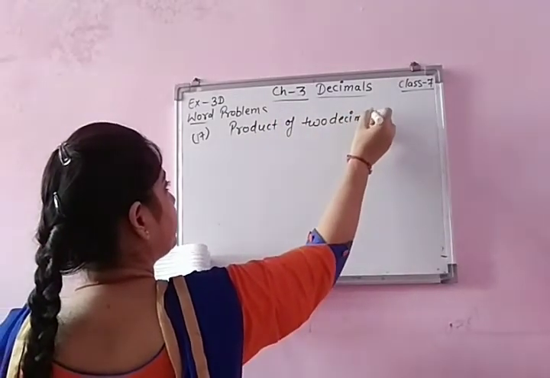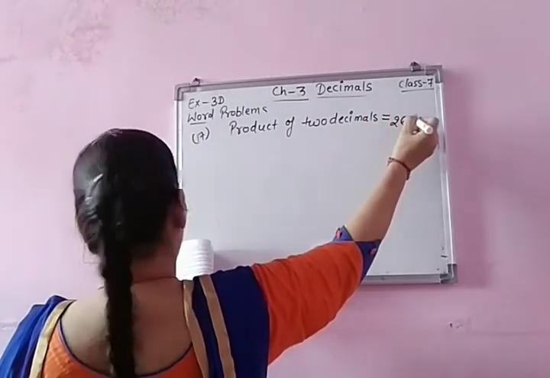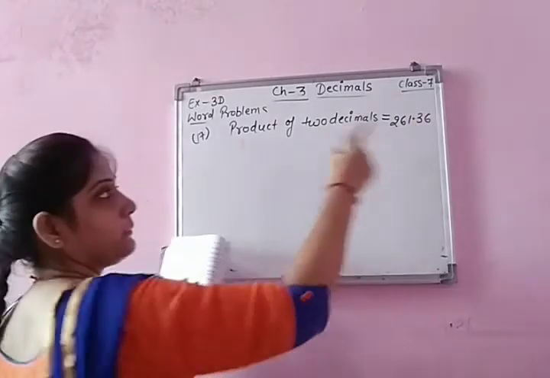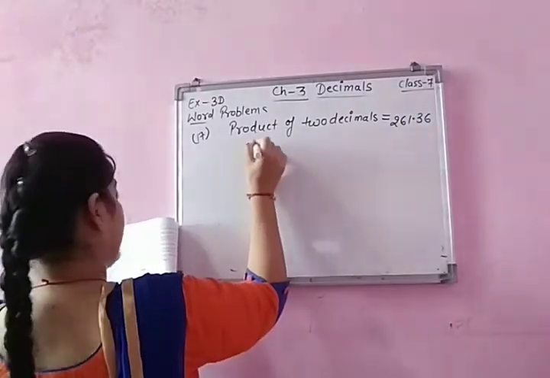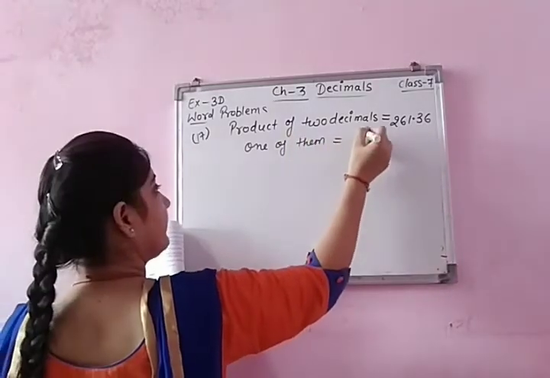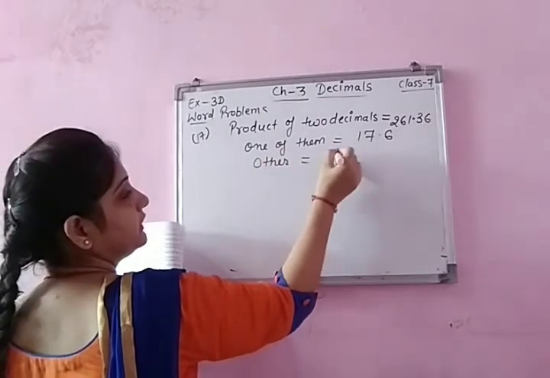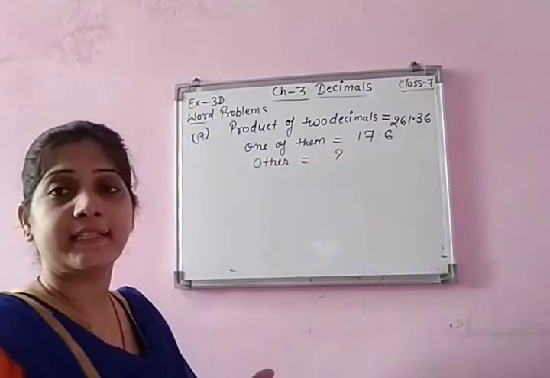You all know the transposition method. 261.36 is the product of two decimals and one of them is given, 17.6. The other you need to find. It means the another decimal.